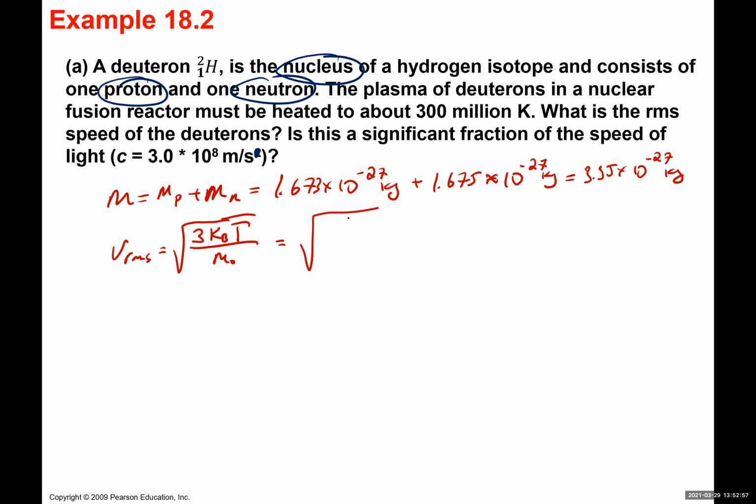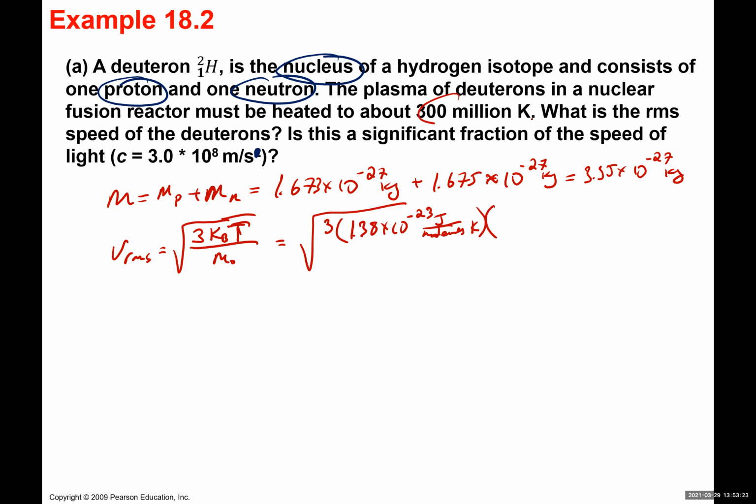So I can use this. I can say it's 3 times, and here's the Boltzmann constant value, 1.38 times 10 to the negative 23 joules per molecule Kelvin, and times the temperature. This has to be in the Kelvin scale.